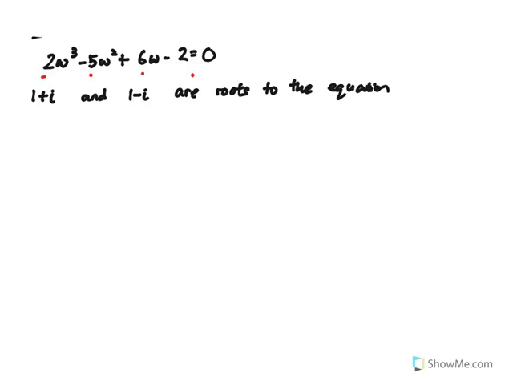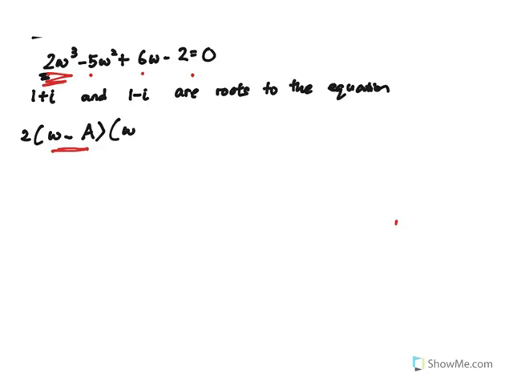If I know that they are both roots, I can write my equation in this way. Since the coefficient of w cubed is 2, I can write 2w minus a, for example, because this will be the last root. It's a power 3 polynomial, so I have one pair of conjugate roots. The last one should be real, because complex roots come in pairs.